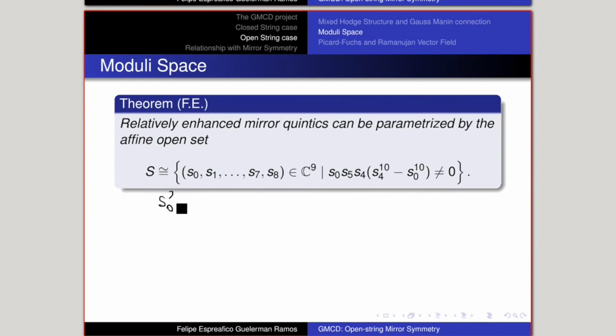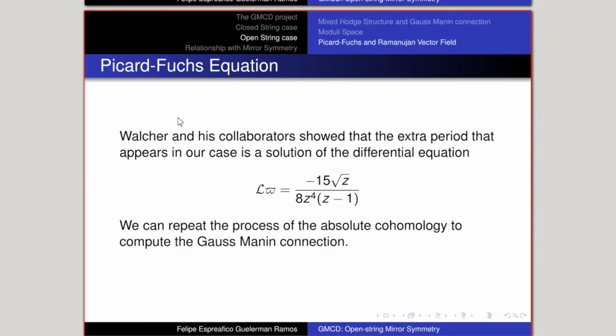So S0 squared is T0, or maybe you can see this like as a covering space, and S4 to the 10th is T4, right? And the others are equal, right? So this happens because, of course, these 2 spaces are related. And so we get this 9-dimensional space.